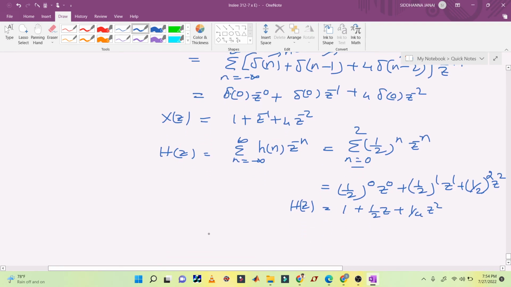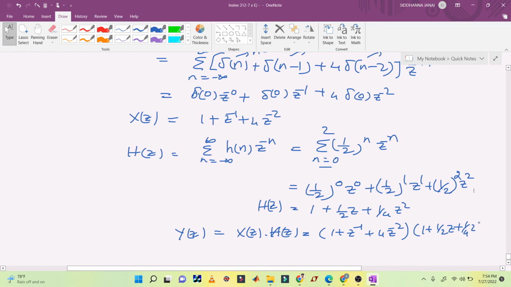Okay. Now y of z, the output, is nothing but the multiplication of the z transform x of z and h of z. So we get 1 plus z inverse plus 4z to the power minus 2 multiplied by 1 plus 1 by 2 z plus 1 by 4 z square as our answer.